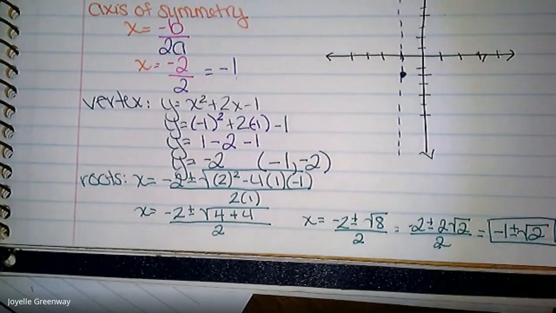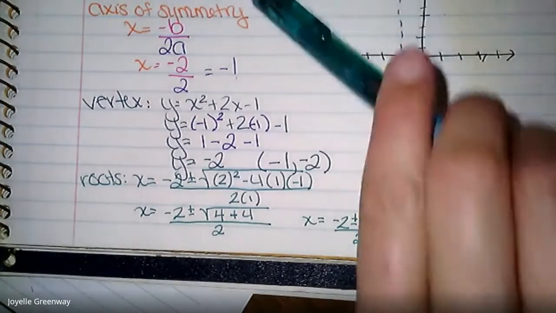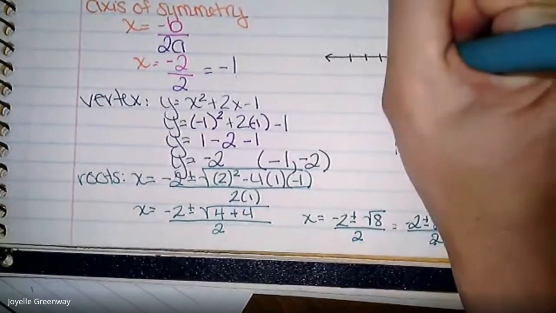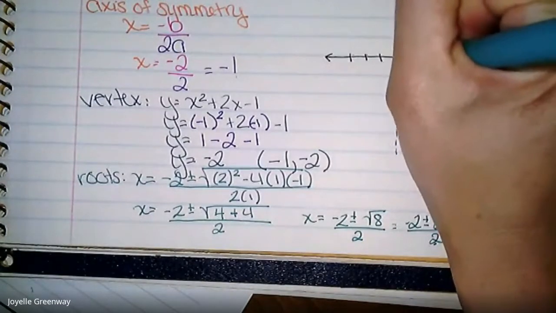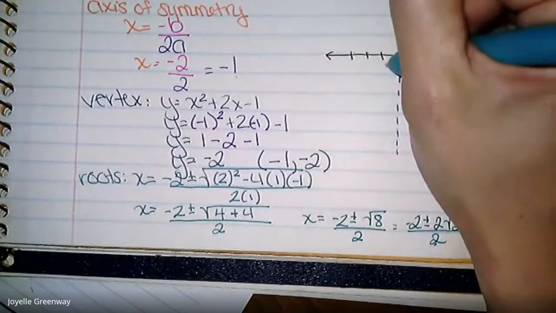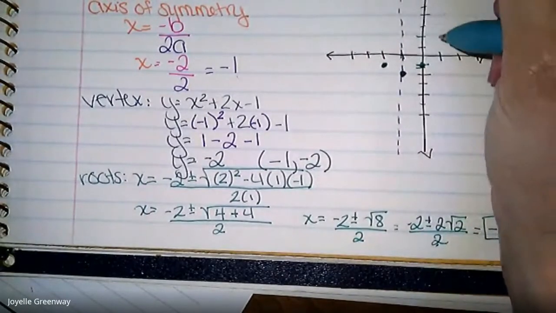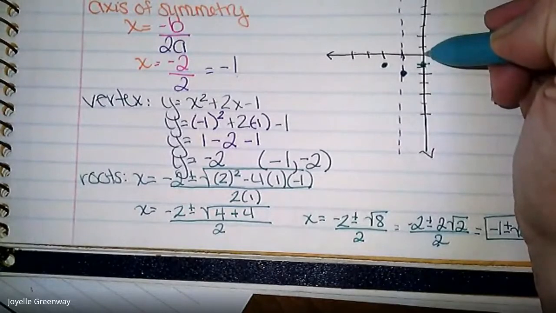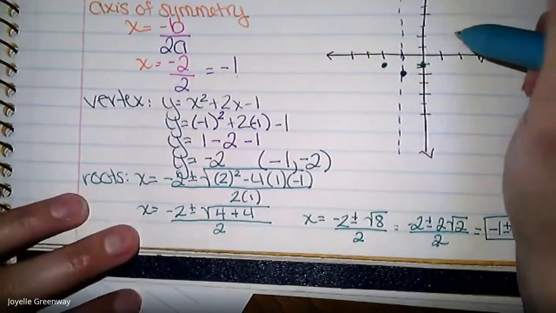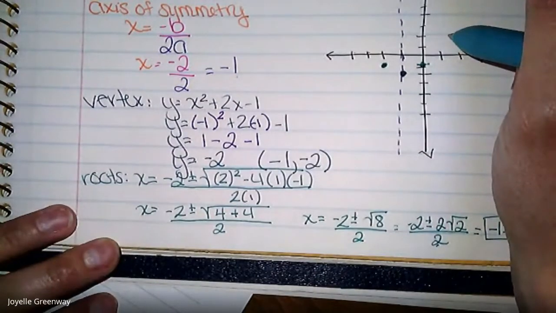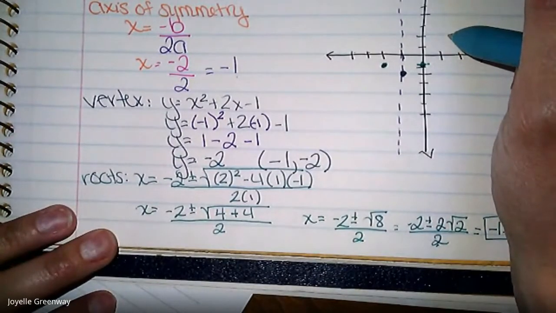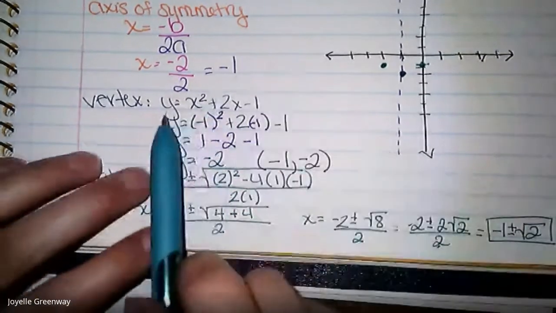I do know, though, that my y-intercept is at negative 1 on my y-axis. So that means that this point is also going to have a negative 1. I found when y was 0. So let's find out what happens when x is 0.